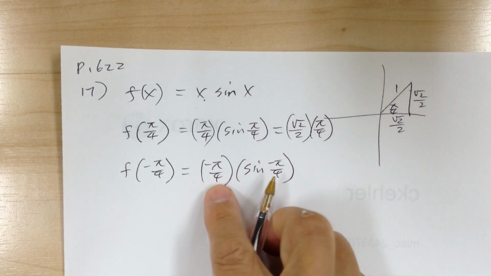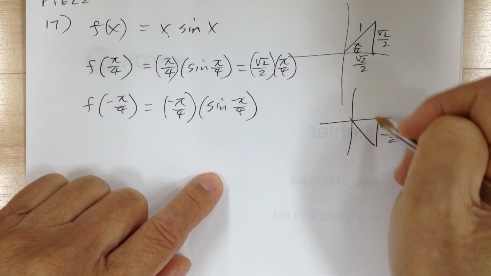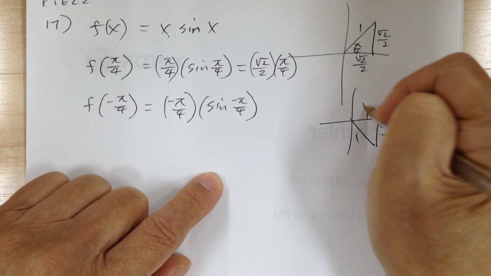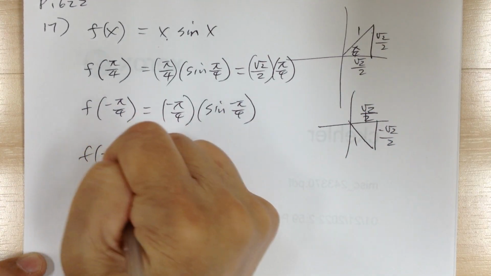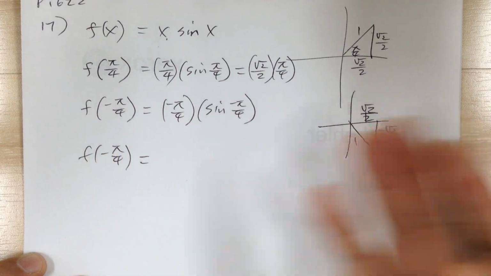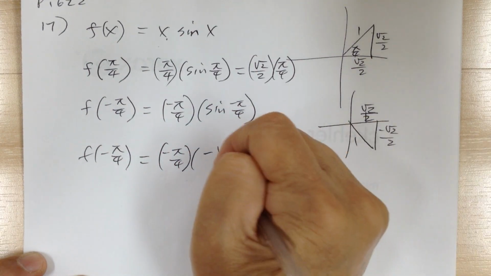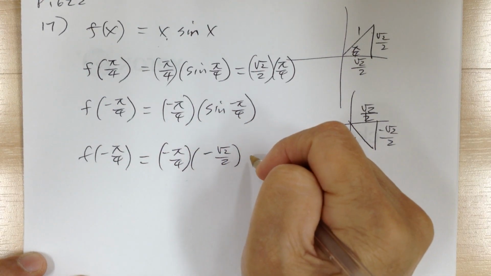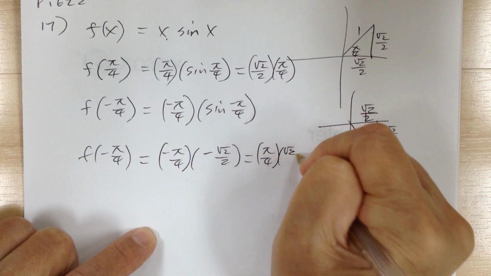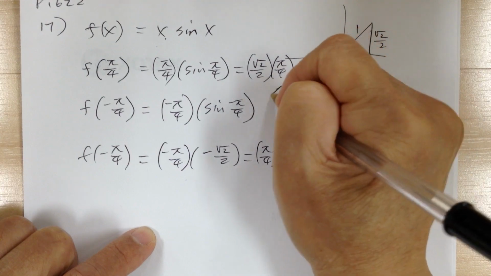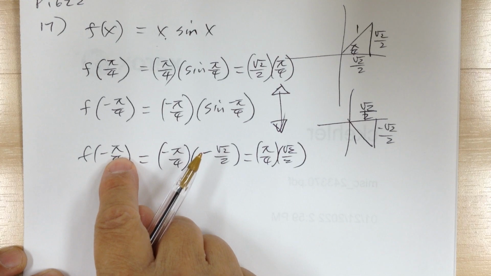Sine of negative pi over 4 is negative square root of 2 over 2. So f of negative pi over 4 gives negative pi over 4 times negative square root of 2 over 2. The negatives cancel out, so this equals pi over 4 times square root of 2 over 2. And notice they are equal. So when f of x equals f of negative x, this is even.